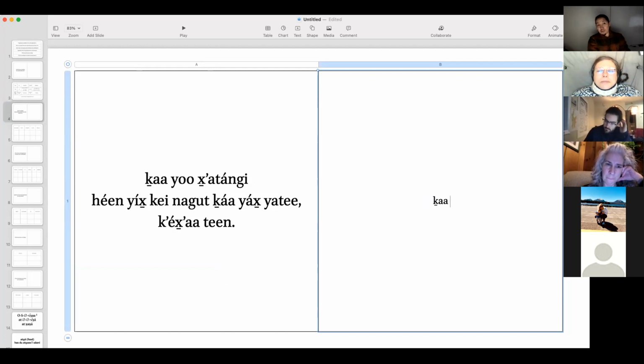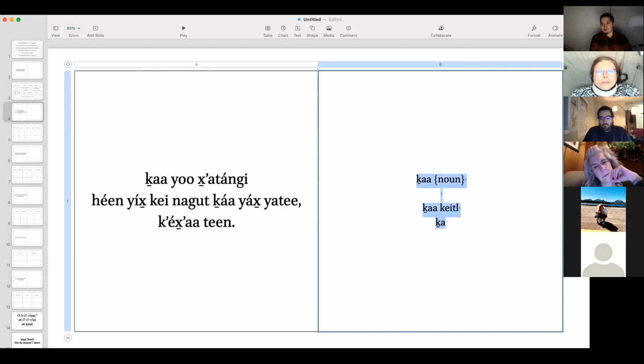So with the low tone version, if it's attached to a noun that makes sense and it's not possessed, right? So for example, these are two different things. I should make this a little bigger, sorry.